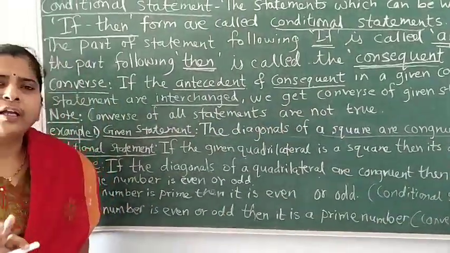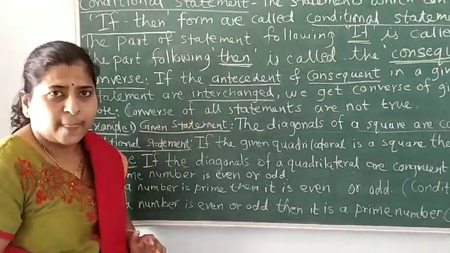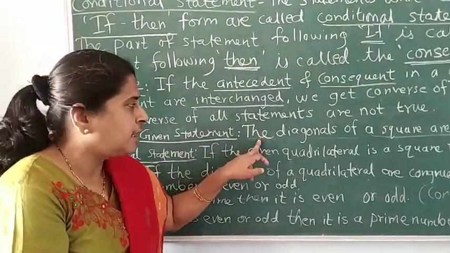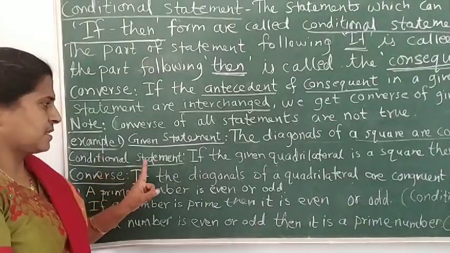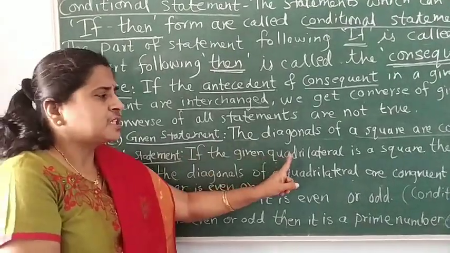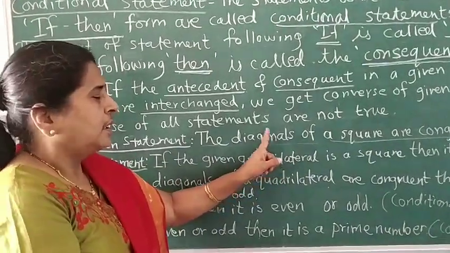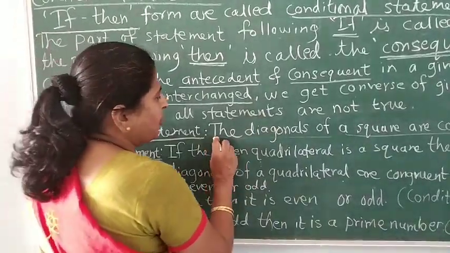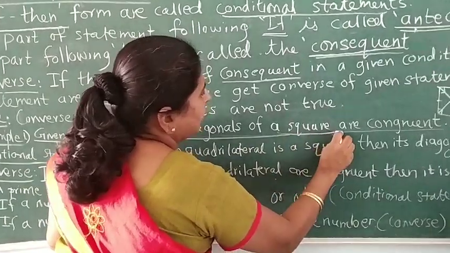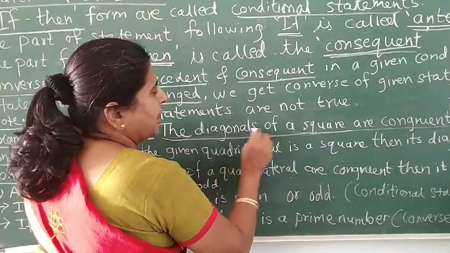Here we do not find any if and then word. But we need to write this statement in if and then form to get our conditional statement. To write this conditional statement, what do we have to focus on? What is the information given about? The information is given about the diagonal of a square. So we are saying something about the diagonal of a square.